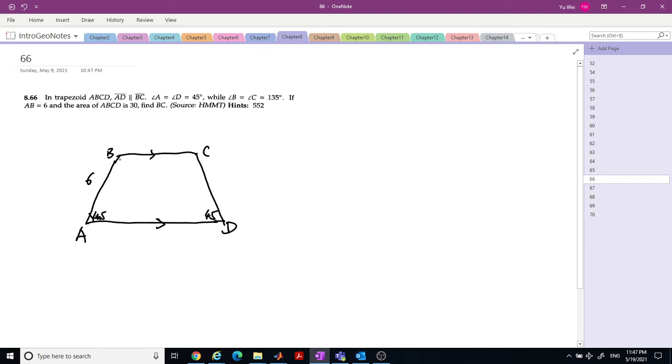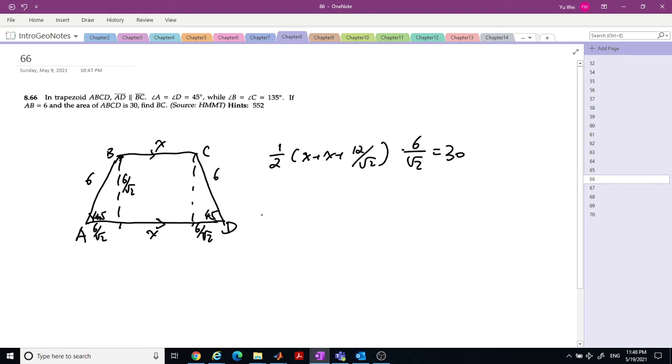Okay, so let's see it. This one and this one, right? So this is 6, this is 6. So you know the height is 6 over root 2. Then you know this is x, right? So the area is 30. So half of x plus the 12 over root 2, times 6 over root 2, is equal to 30.